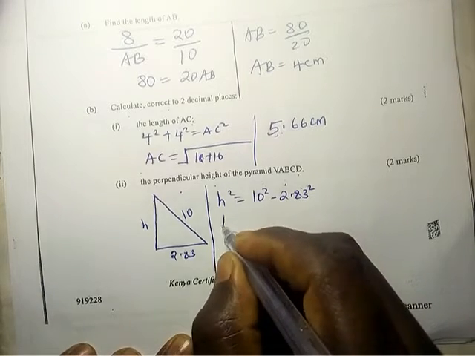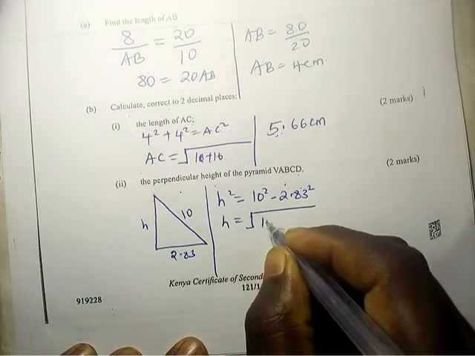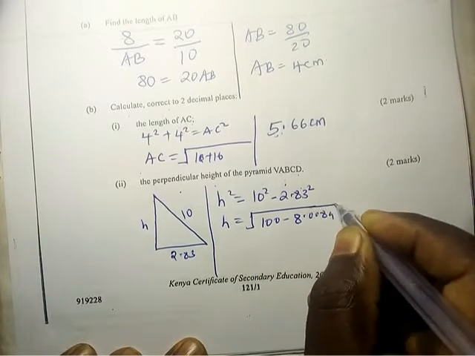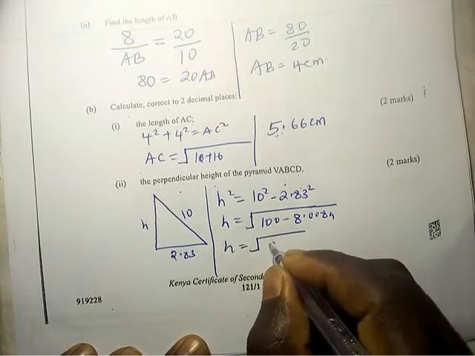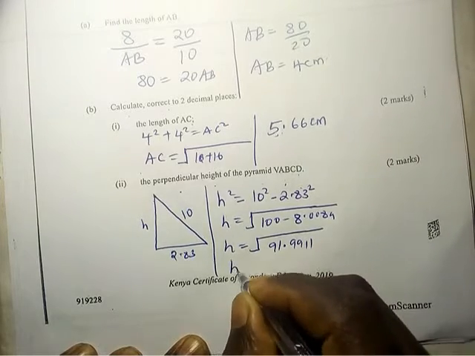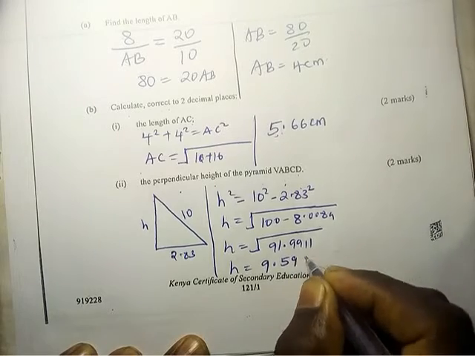So H equals the square root of 100 minus 8.0089, so H equals the square root of 91.991. H equals 9.59 centimeters.